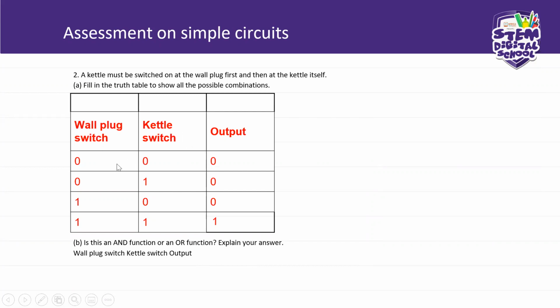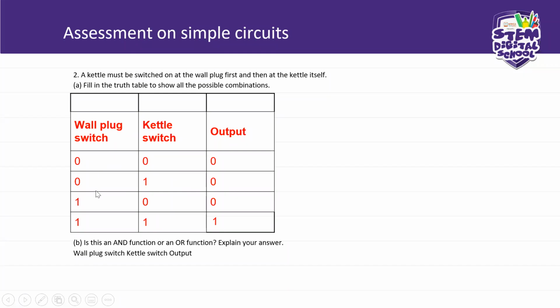When these switches are both open, there is no output. When the plug switch is open and the kettle switch is closed, still no output.